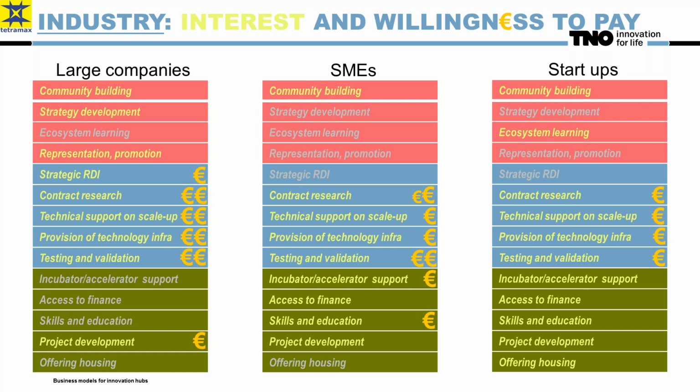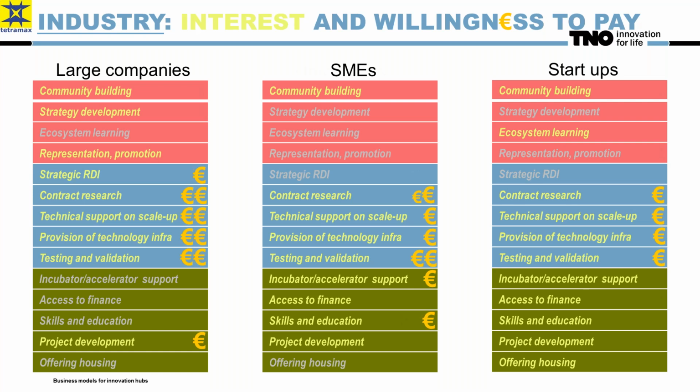And startups are very much interested in a lot of things, especially the blue things or the green things, but they just cannot pay. They don't have enough money to pay you. And that's where the added value and the capturing of value is a bumpy road.